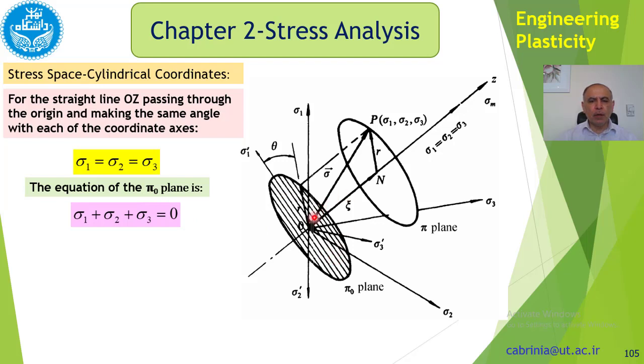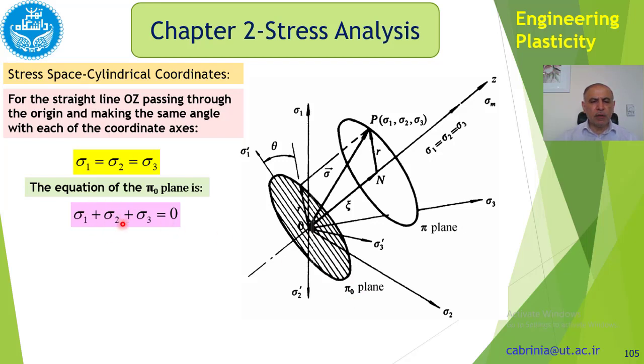Okay, and this line OZ, which is the direction of the hydrostatic pressure, here you can see sigma 1, sigma 2, sigma 3 are equal. Any plane which is perpendicular to this OZ, we call it pi plane, like this. Obviously here, because the pi plane has origin or 0, we call it pi 0 plane.